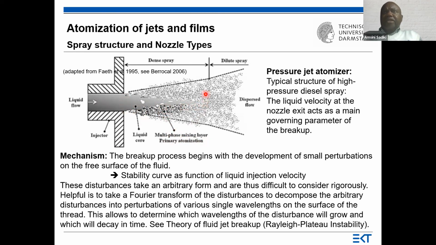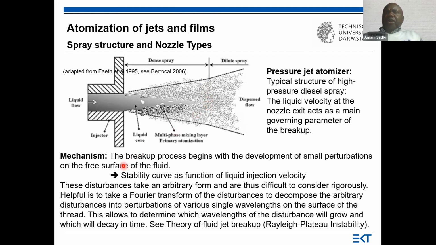That is also the length of the dense flow region here, because here we still have a ligament, and after that we have dilute spray, and after that we have dispersed flow. And we can speak here of the length of the breakup if we say that it is where the breakup process is completed.